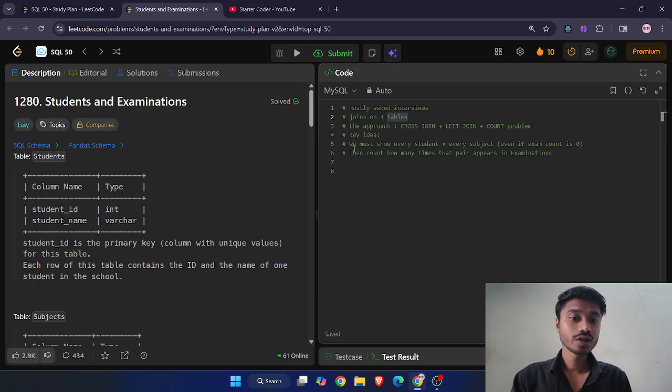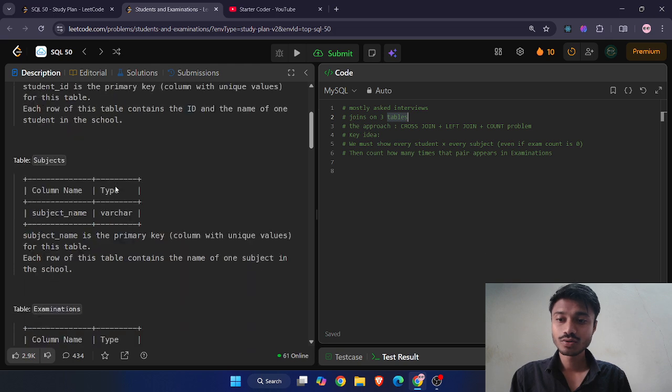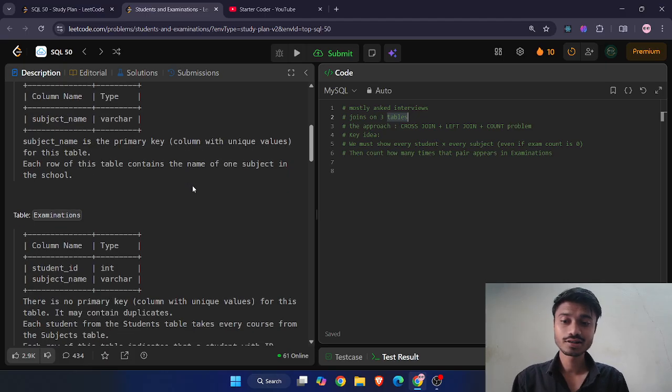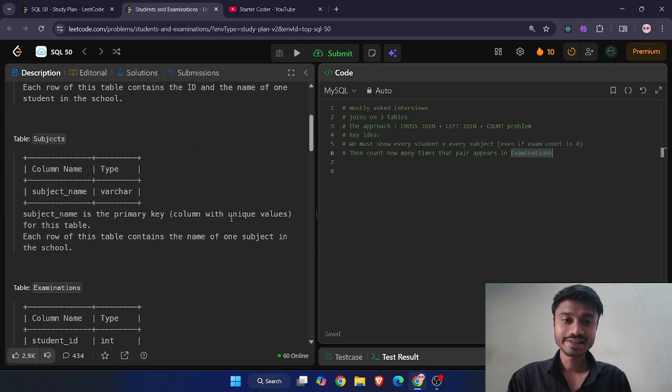The idea is we have to show every student with every subject even if the exam count is 0, right? As we discussed earlier, we attach every subject to every student, then check whether they attended that exam or not, and count how many times that pair appears in the examination. The pair is basically the pair of subject and student.